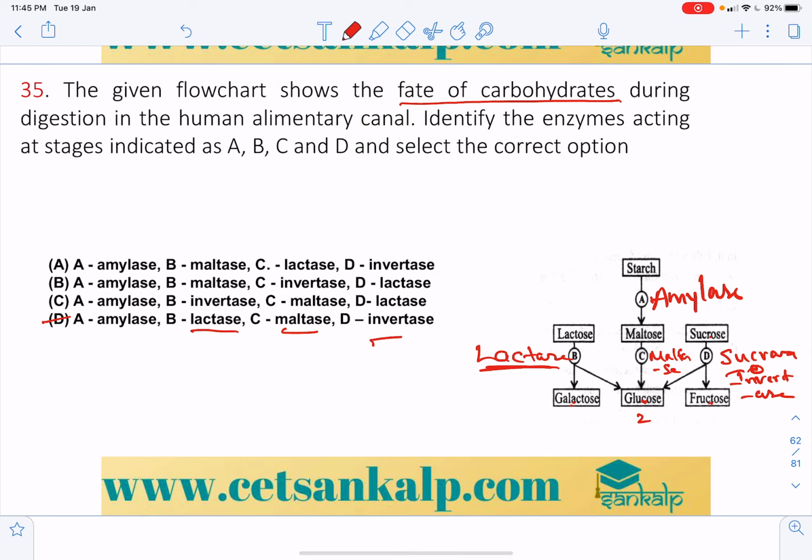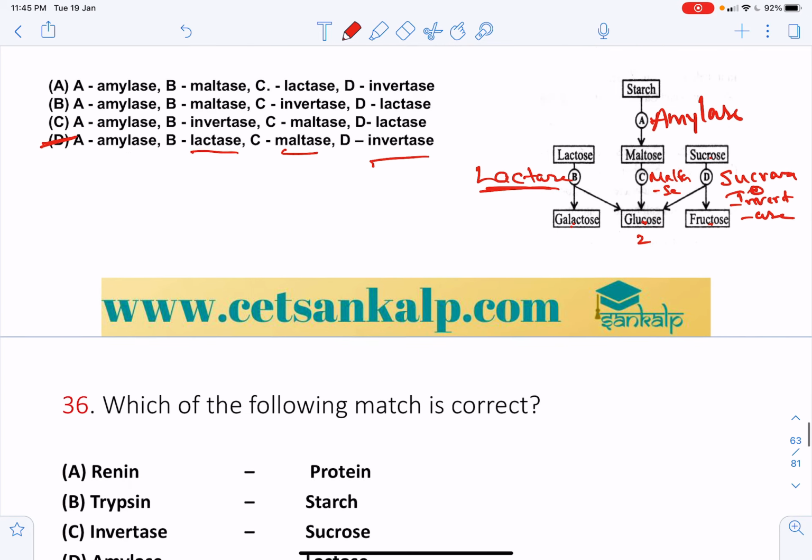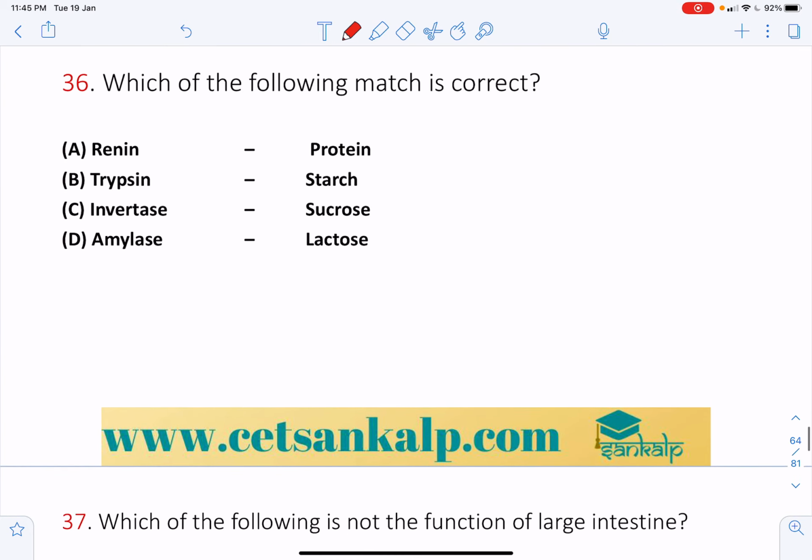So D is the answer for the 35th question. Once again, go through the flow chart and you can recollect that.